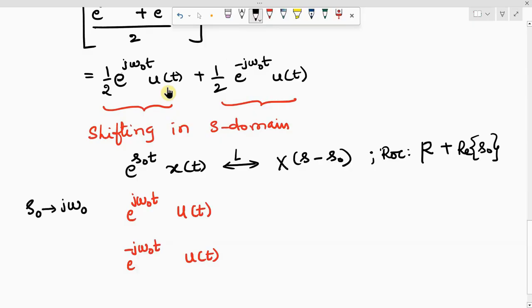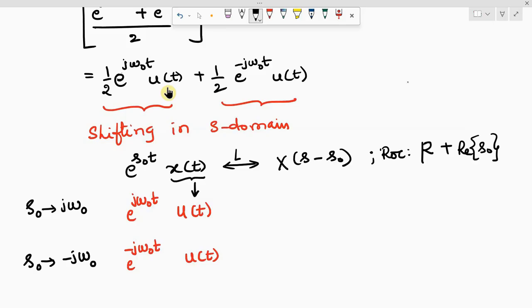That means s naught is a complex constant, but here it is purely imaginary, with no real part. Similarly, in this case, s naught is minus j omega naught.